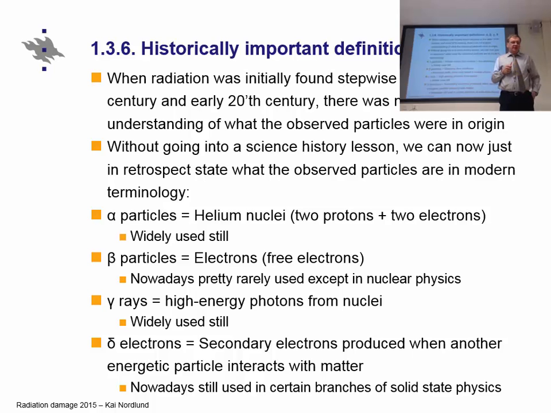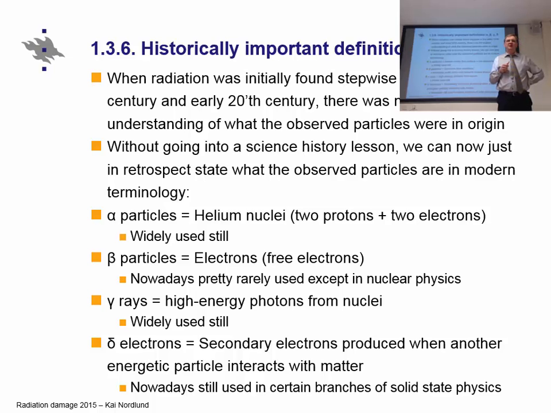In matters of definitions, there is one more definition which has to be mentioned because it's still important and used. That is, when people found the different kinds of ionizing radiation more than 100 years ago, there were people like Marie Curie, Thomson, Rutherford, Einstein was also involved, and so on.